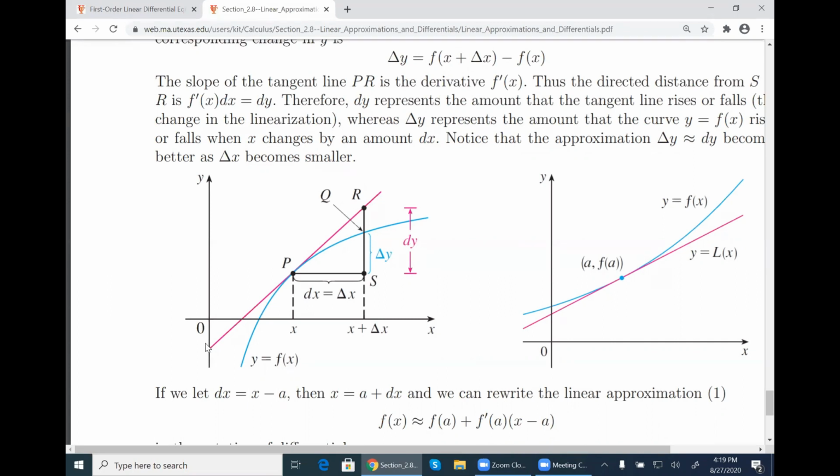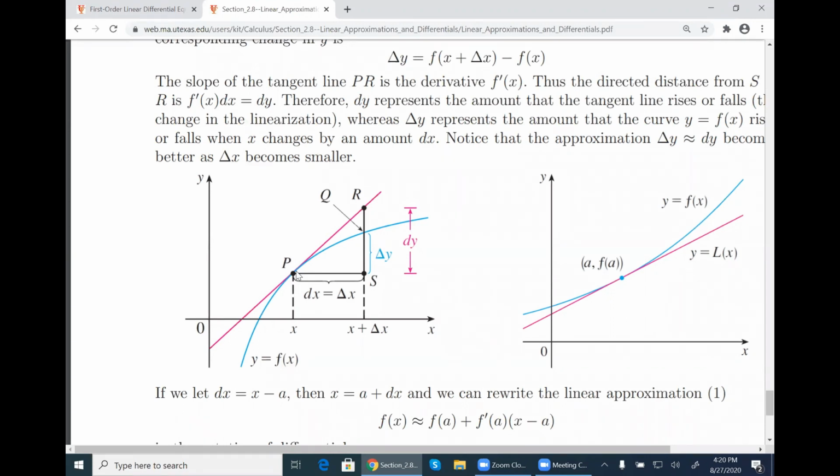Next observation. Note that slope of a line is rise over run. In our case, rise is dy, run is dx. So slope of this tangent line is dy divided by dx.